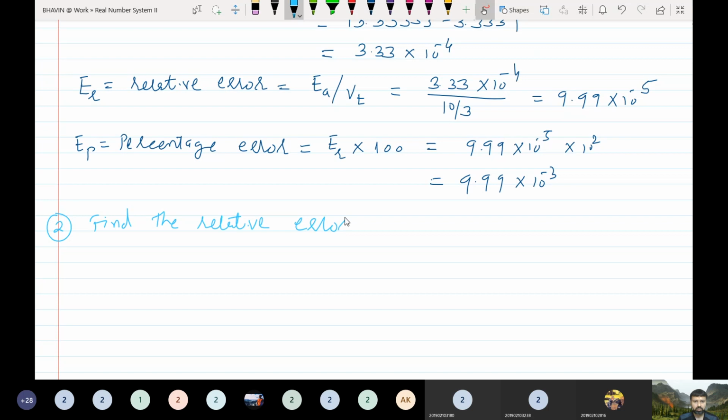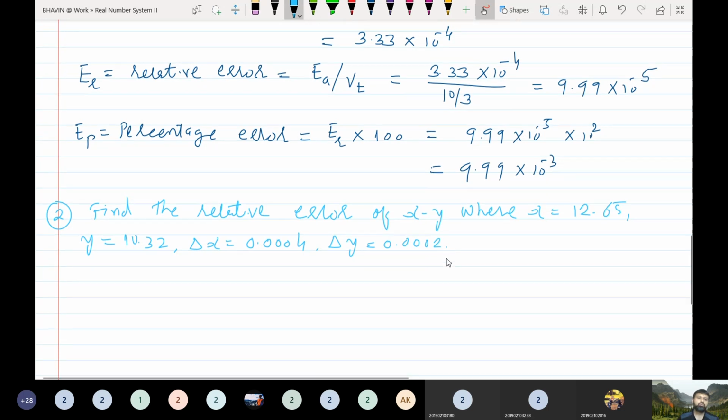Relative error of x minus y, where x is given and value of x is 12.65, y is given, value of y is 10.32, delta x is given 0.004, delta y is given 0.0002.